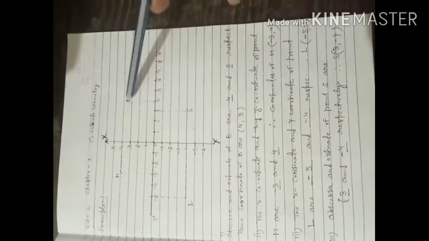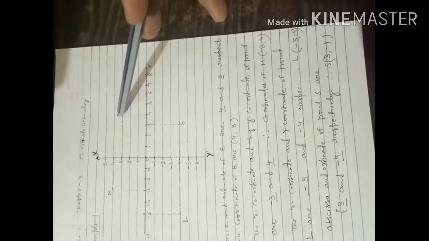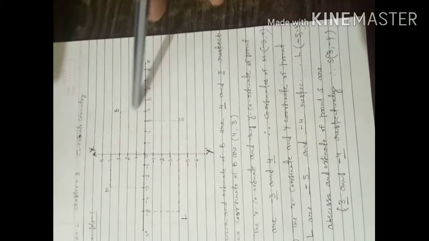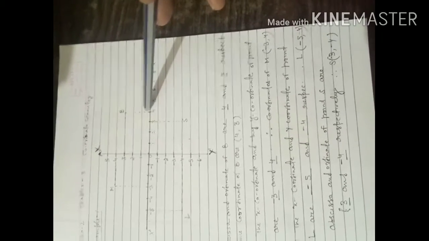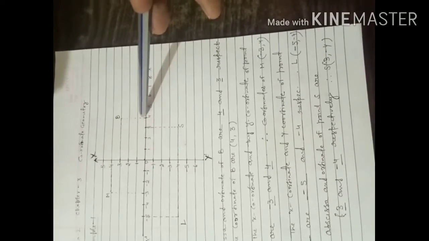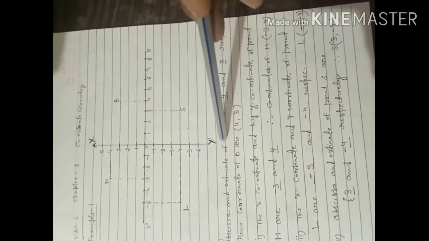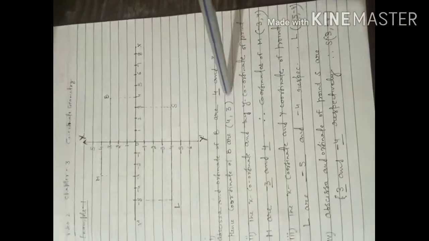So abscissa is 4, and ordinate, I have told you, is the perpendicular distance from the point on the x-axis, that is this one, which is 3 units. So ordinate is 3. Abscissa is 4 and ordinate is 3. Hence the coordinates of B are 4, 3.